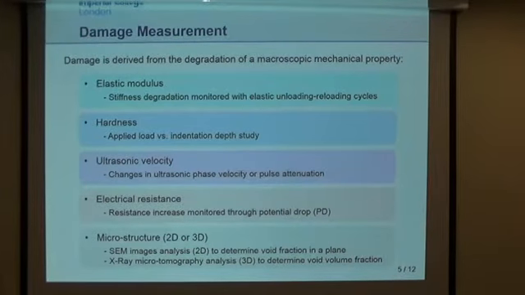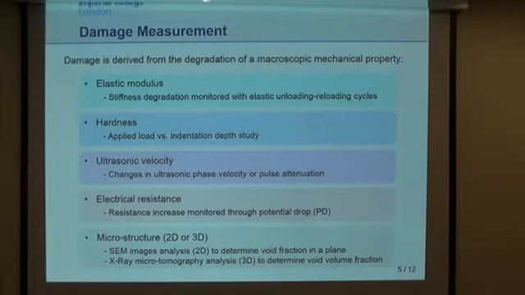So as I said, in the continuum damage mechanics technique, we analyze the effect damage has on macroscopic properties of the material. And these are different properties that are affected by this type of damage. So one thing we can do to measure damage is monitor one of these properties, so either elastic modulus, hardness, ultrasonic velocity, or electric resistance.